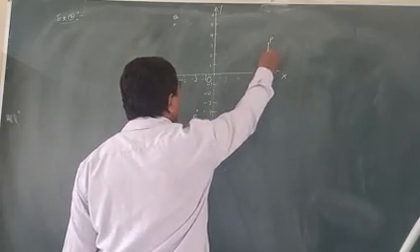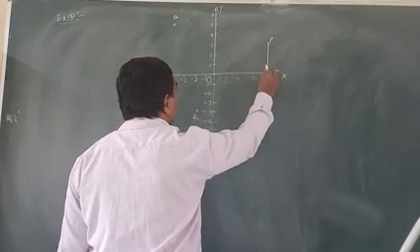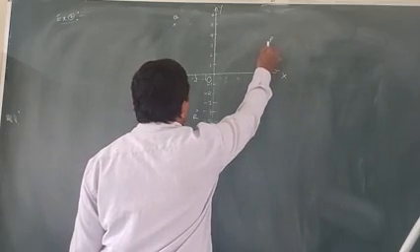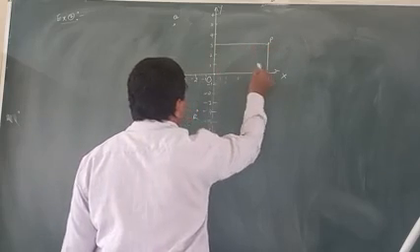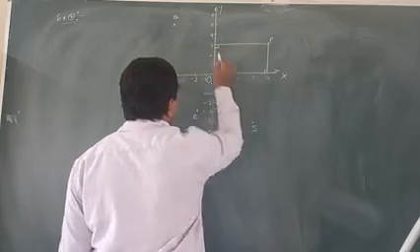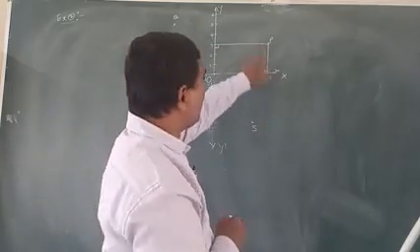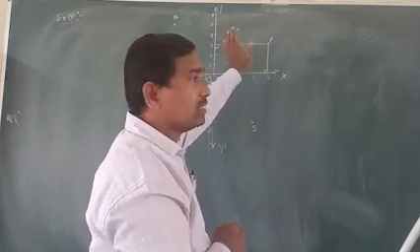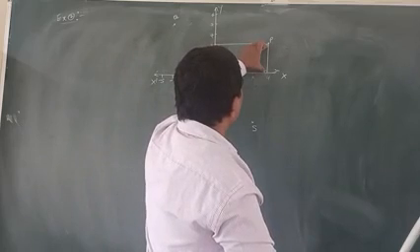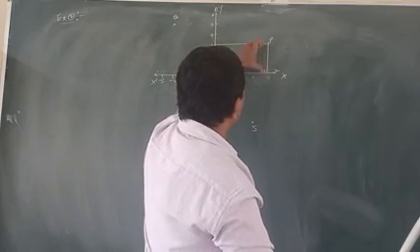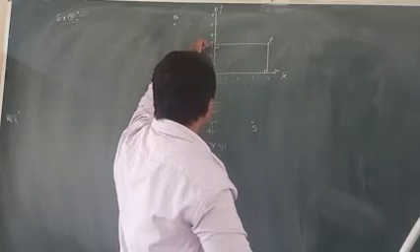Draw a perpendicular line from P to the x-axis, and draw a perpendicular line from P to the y-axis. These two are the perpendicular lines drawn from point P to the x-axis and the y-axis. See, children, the distance from P to the x-axis is measured using the distance on the y-axis.